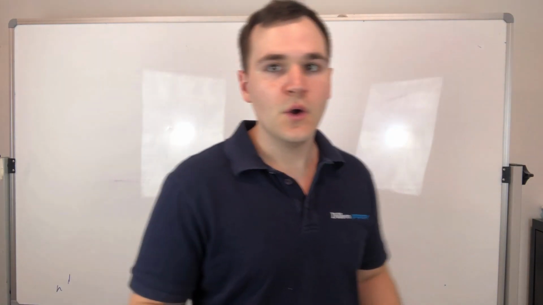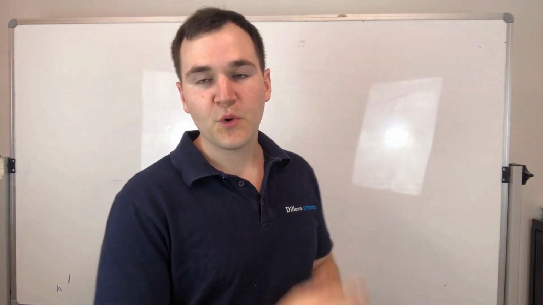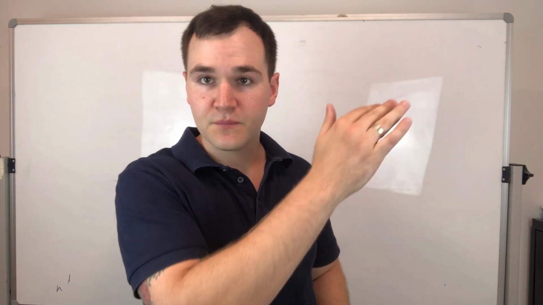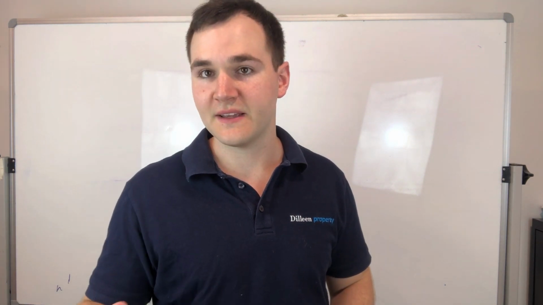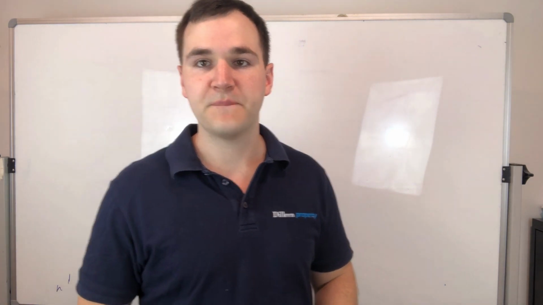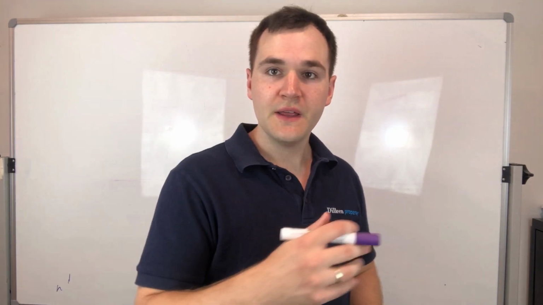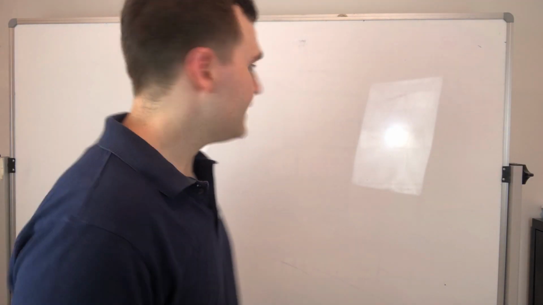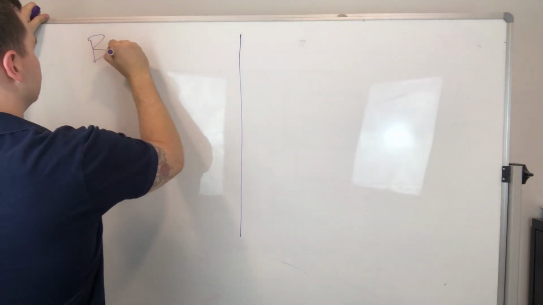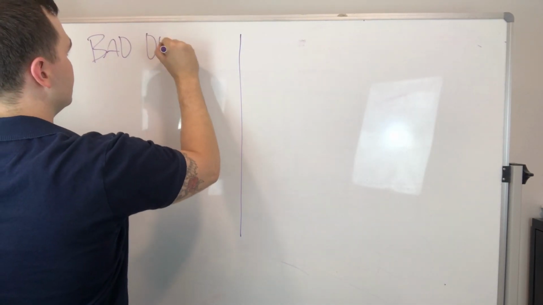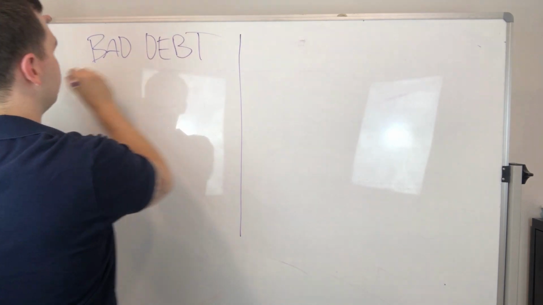So jumping right into it, I've got the whiteboard here, so I'm going to break up good debt versus bad debt, and a lot of people classify it as different things, but here's some examples. So this is some examples of bad debt. We'll break up the board right here and write bad debt.